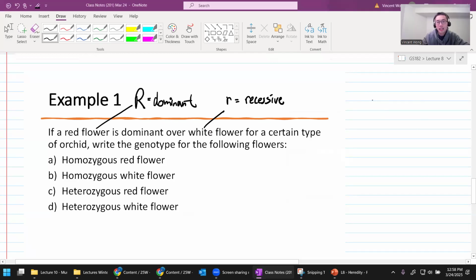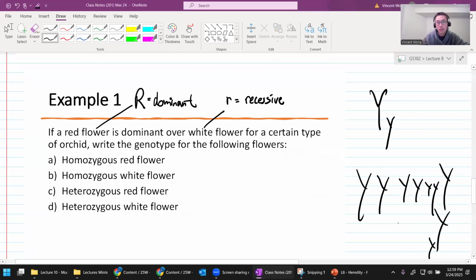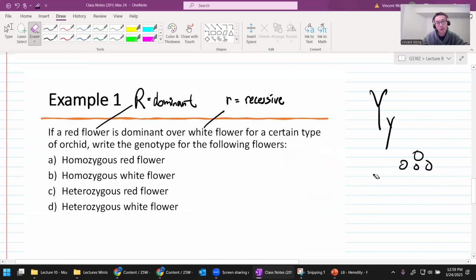If you're going to write big Y and small y, do it clearly. Some people write them so that after a while they can't even tell whether it's big or small. And don't use O. O is not a good letter to use, because sometimes you get confused: is it a big O, small o, or a zero? Just use letters that are distinct between the big one and the small one.